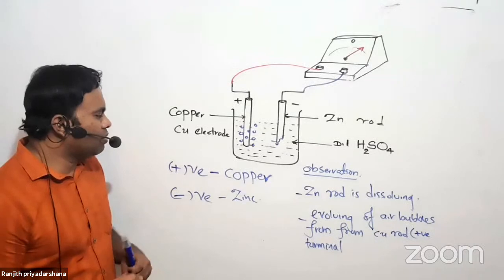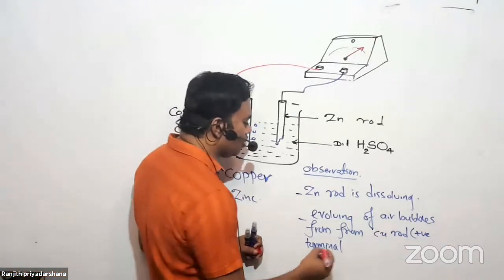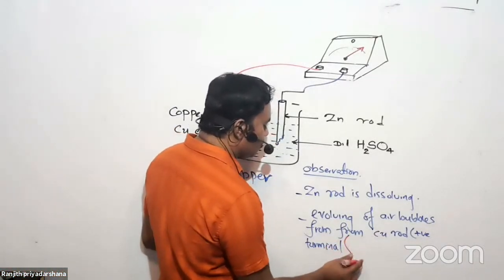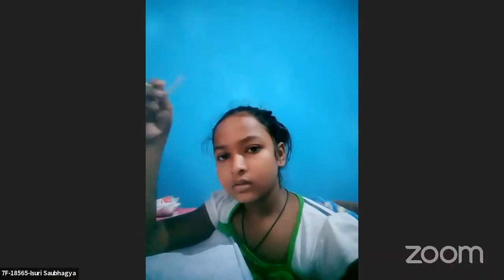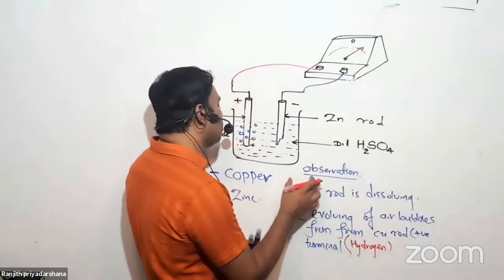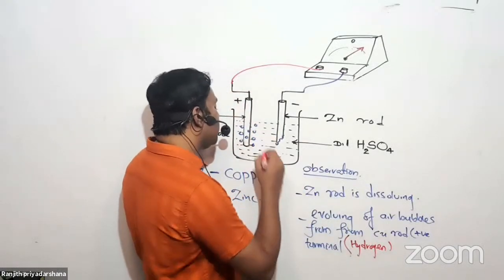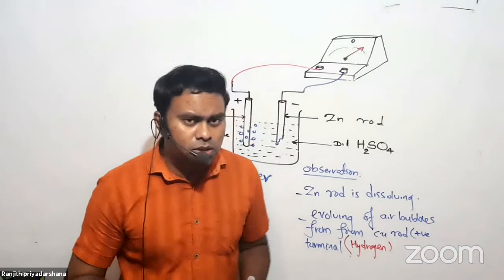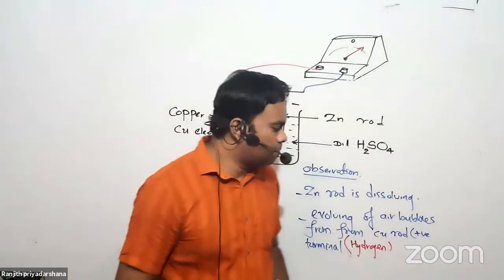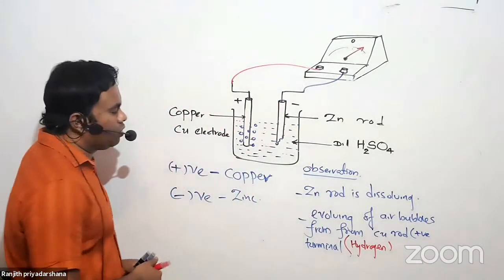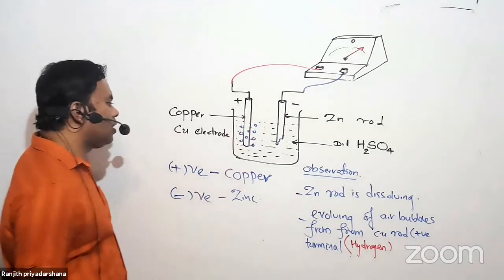What is that gas? Yes, hydrogen. But you cannot directly say hydrogen bubbles as your observation, because the air bubbles are not labelled as hydrogen. So you have to do a separate test to identify it.